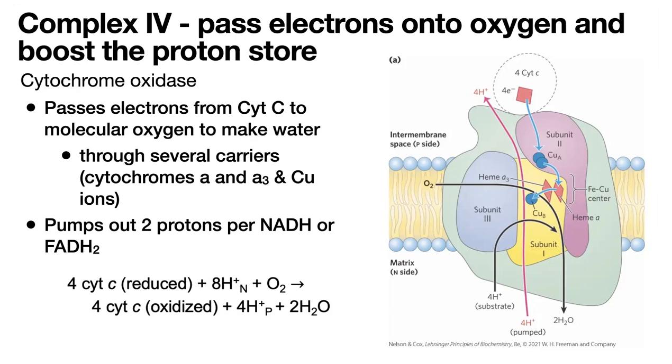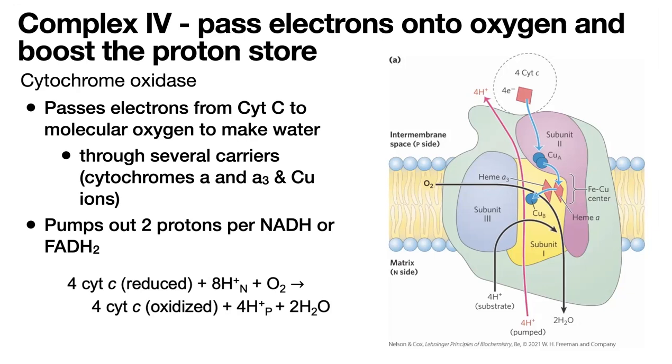The numbers get a little weird here because when we think about reducing oxygen, molecular oxygen hangs out as O2. And so we're actually going to take O2 and add 4 electrons to it. So we're going to need 4 cytochrome C molecules to do this, and we're going to create 2 H2Os.